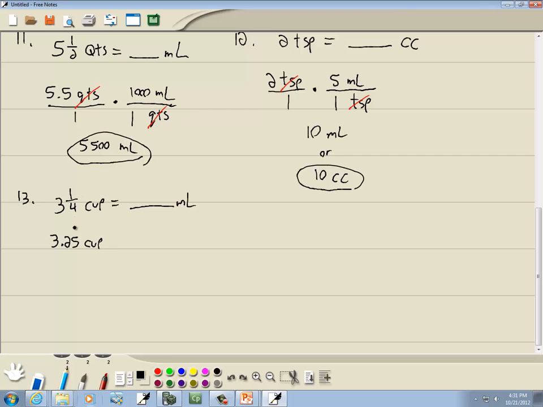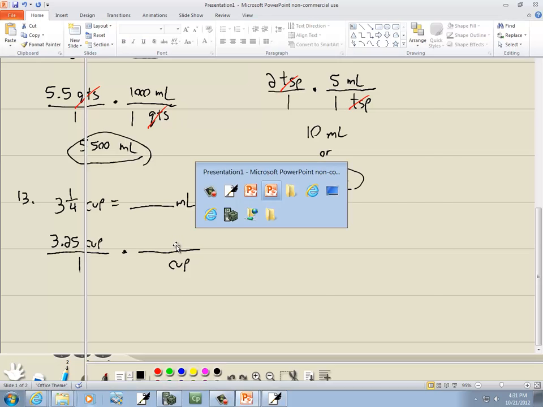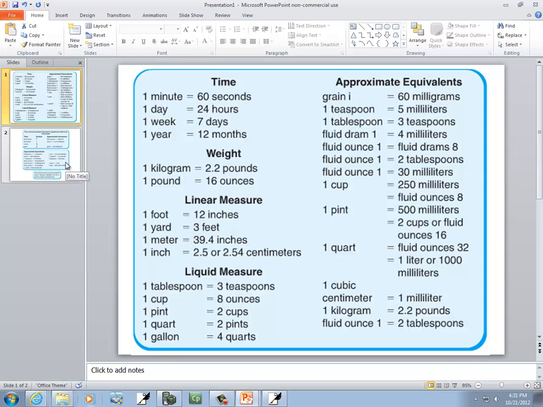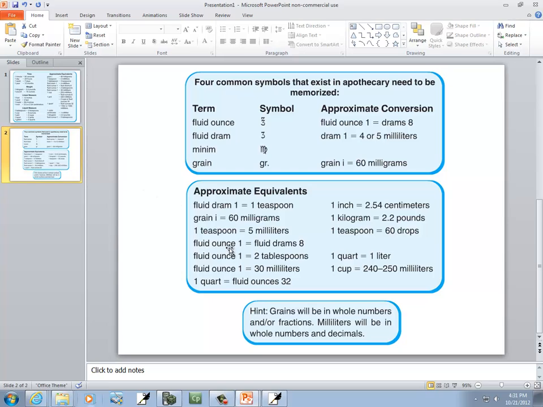If I put 1 divided by 4 in my calculator, that's what I'd get. And I put that over 1. And if that's cups, this has to be cups here. And let's go find some kind of tie between cups and milliliters. Now I think, remember, this one was kind of vague. There it is. 1 cup is equal to 240 to 250 milliliters, which implies it's an approximate.